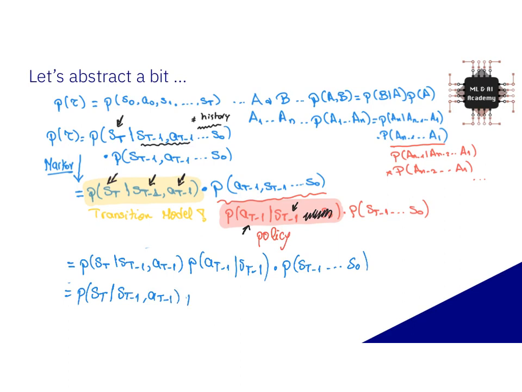Then you have p of a_{t-1} given s_{t-1}. Then you have p of s_{t-1} given s_{t-2}, a_{t-2}, times p of a_{t-2} given s_{t-2}, dot dot dot, until you get back to p of s0.